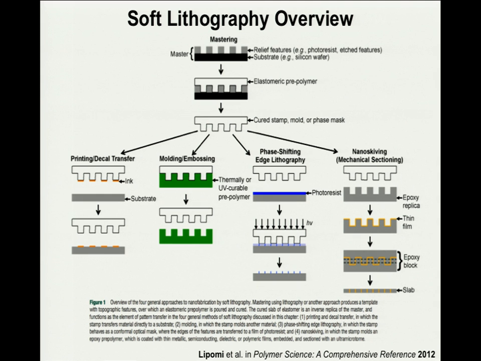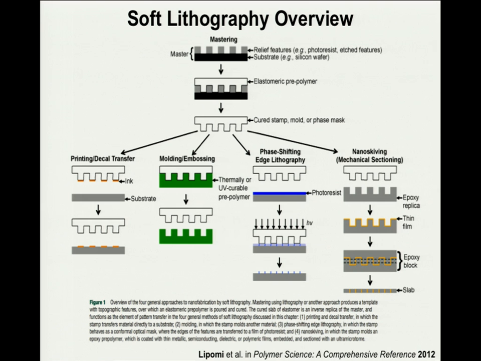And that stamp can be used on flexible, stretchable, non-planar surfaces, and it can also pattern inks, like biomolecules or conductive polymers or self-assembled monolayers or quantum dots, things that can't be patterned directly by photolithography.